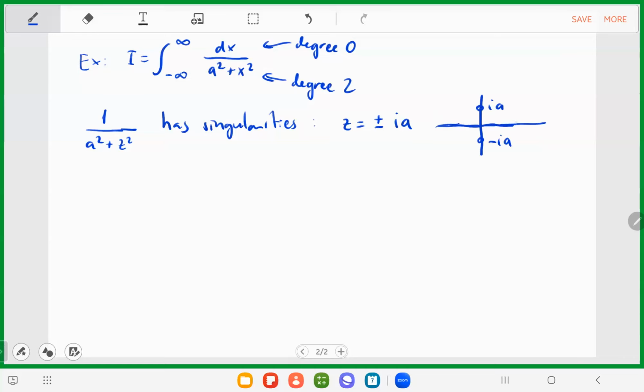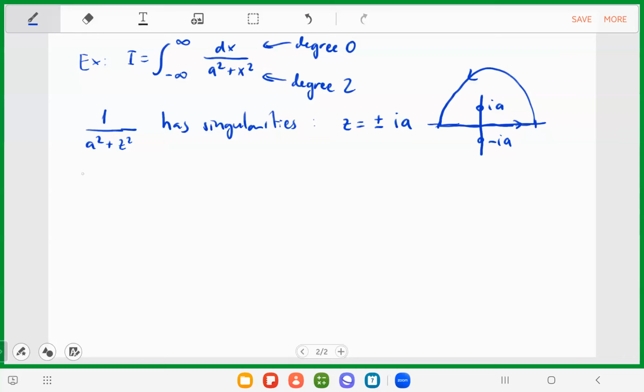Even when the contour doesn't go to infinity, we will have one singularity inside the contour and the other one outside. And this doesn't change when r goes to infinity. Still ia is inside, minus ia is outside.